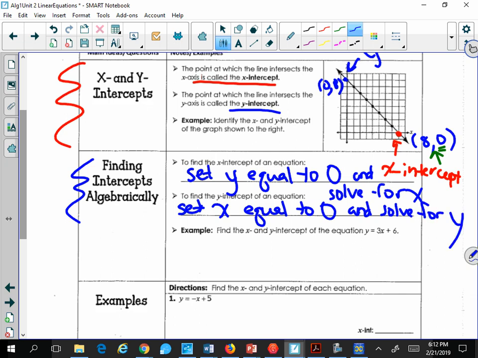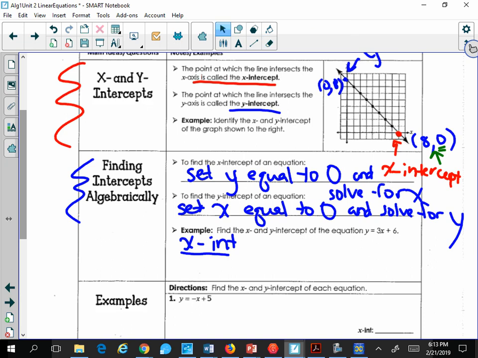So for example, they gave me down here, find the x and y intercept of the equation y equals 3x plus 6. Okay, so I'm going to split this into two separate things. My x-intercept and my y-intercept. I'm going to write it in a different color.